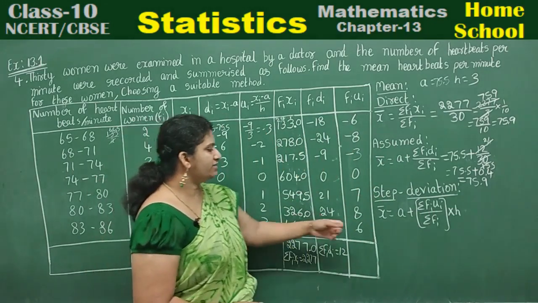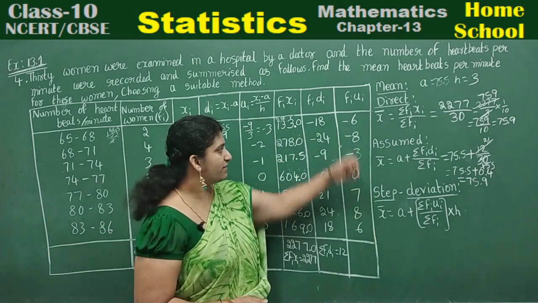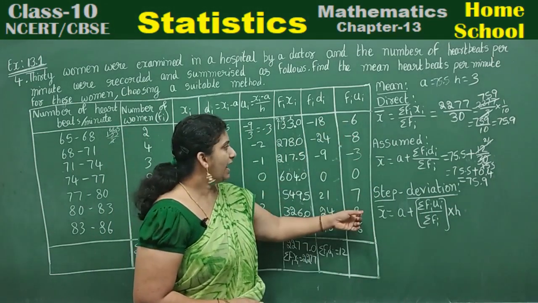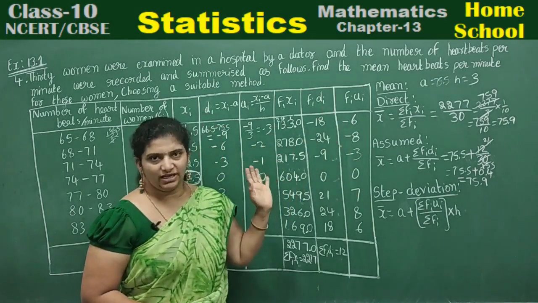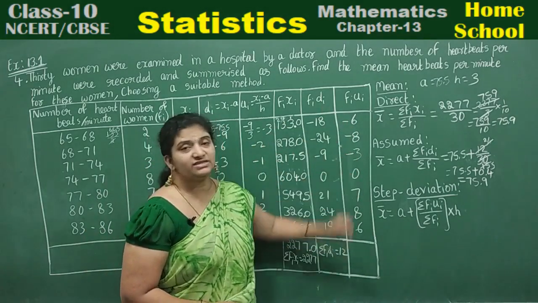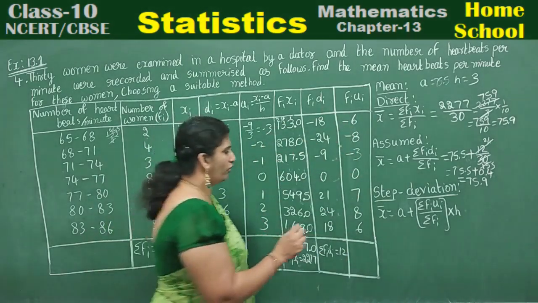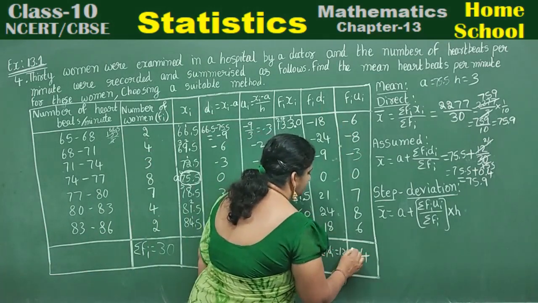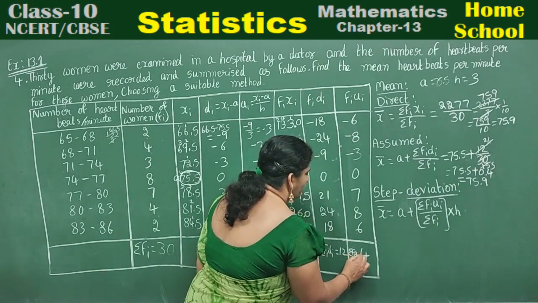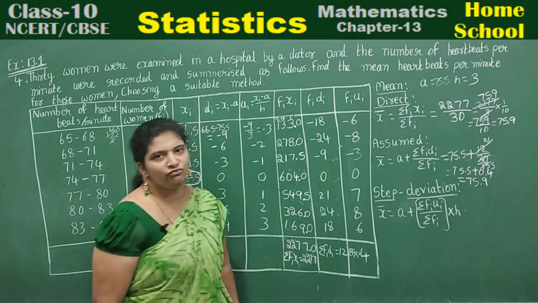Now add all these. Okay, you can skip 6 minus 6, 0, and 8 minus 8, 0. 7 minus 3 is how much? 4. That is your answer. Summation Fi Ui is equal to 4.